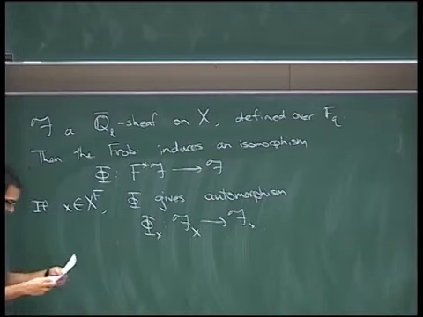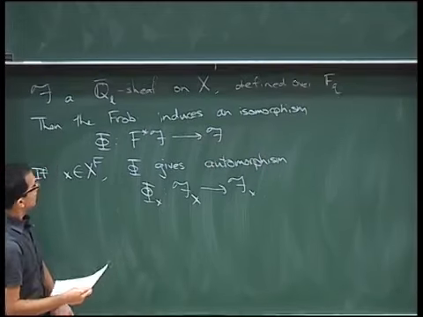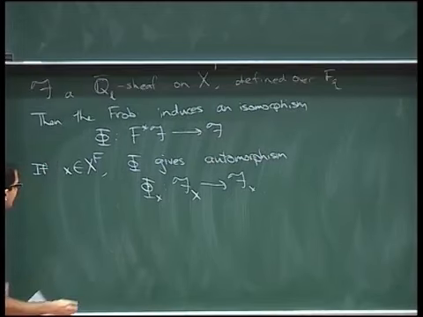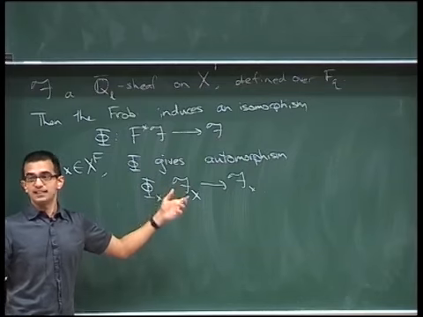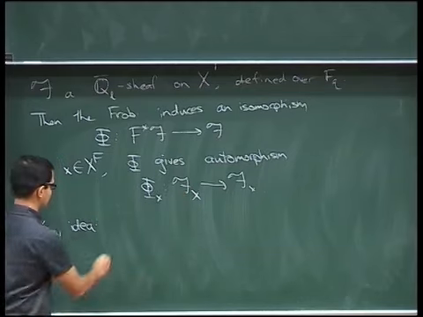Okay, and then the main idea for today, for the rest of my lecture actually, is we're going to try and keep track of the eigenvalues of this automorphism and then extract information from those eigenvalues.